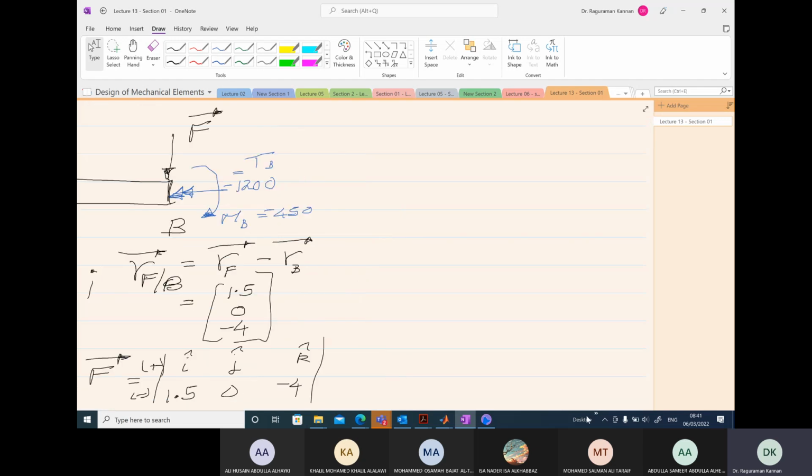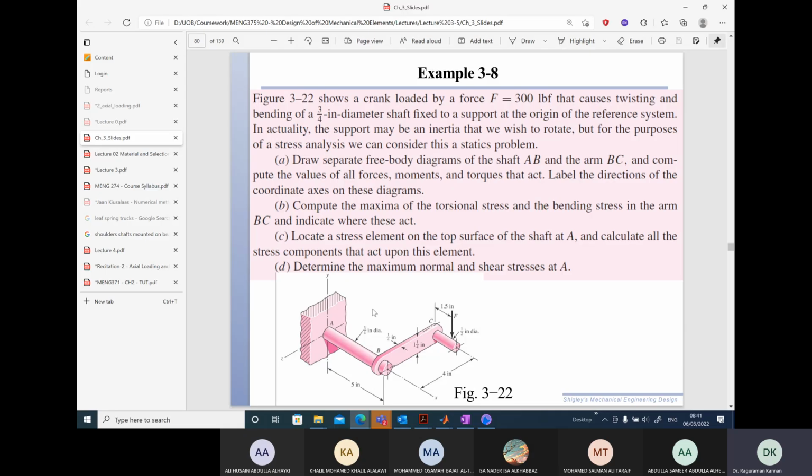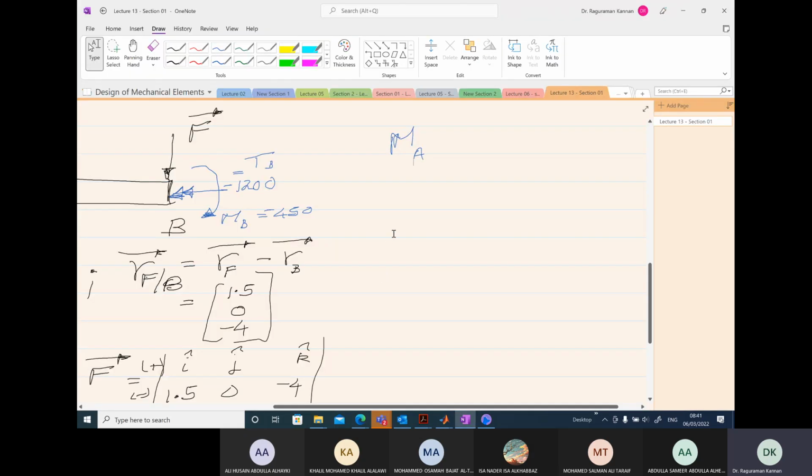So let's go here. Write down the bending moment at A. Now the bending moment is with respect to the Z axis. We can clearly see that it is negative. All the quantities are negative with respect to Z axis.